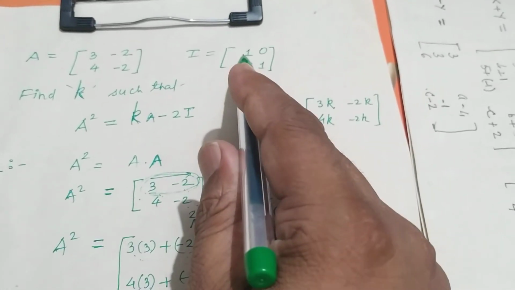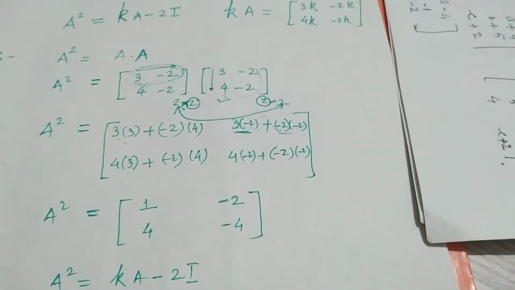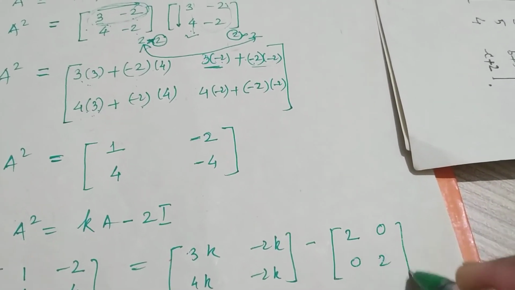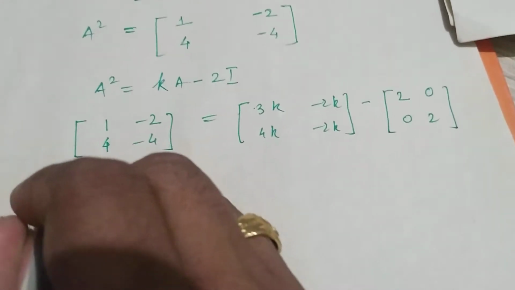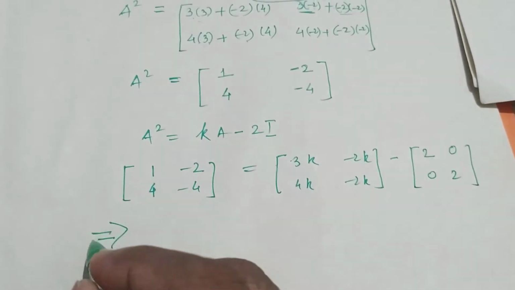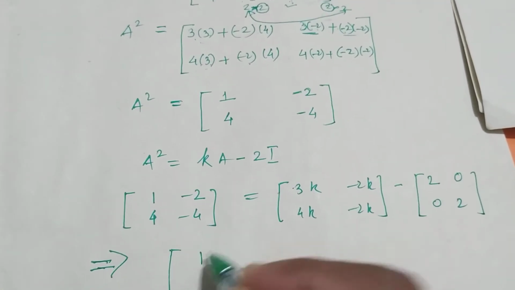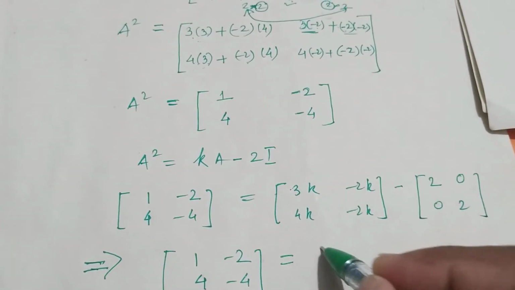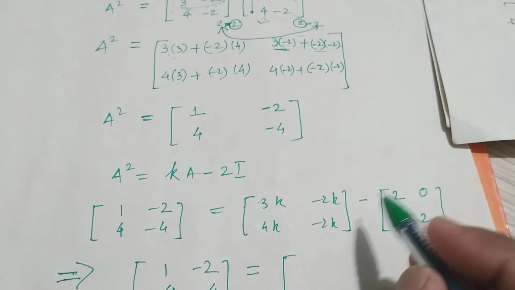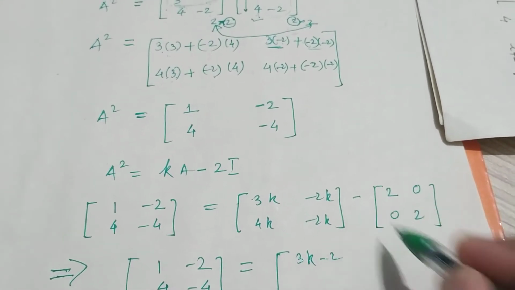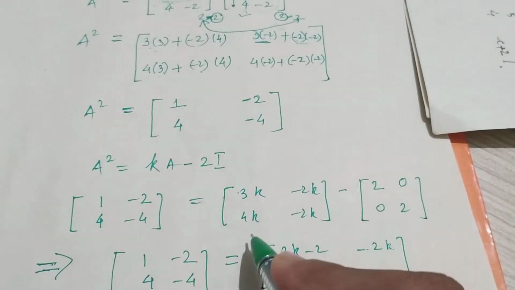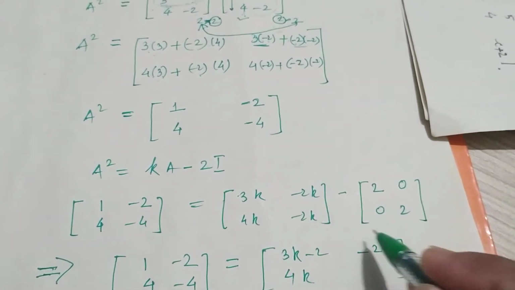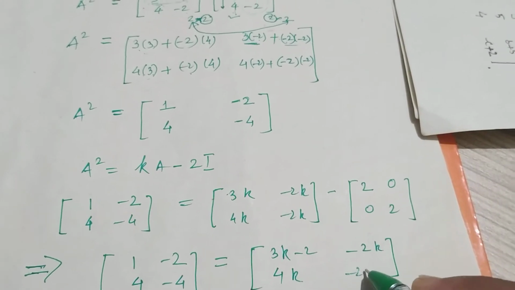Everyone knows that I is an identity matrix, so twice I will be 2, 0, 0, 2. So this implies 1, minus 2, 4, minus 4 is equal to 3k minus 2, minus 2k, then 4k, minus 2k minus 2.